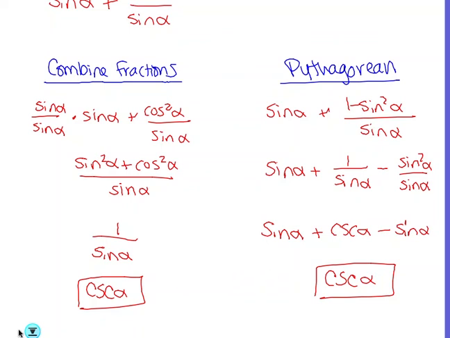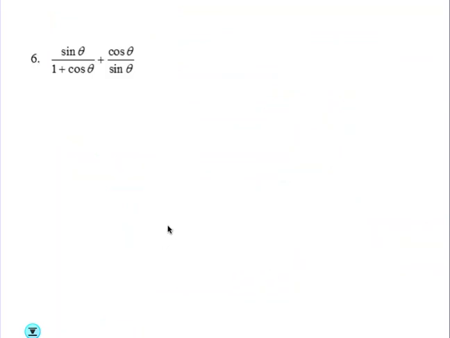Let's do one more problem. Here we have sine of theta over 1 plus cosine theta, plus cosine theta over sine of theta. Because we have two fractions and it's all sines and cosines, I'm going to go ahead and get a common denominator. So that means I need to multiply this fraction by sine of theta over sine of theta, and this fraction by 1 plus cosine theta over 1 plus cosine theta.